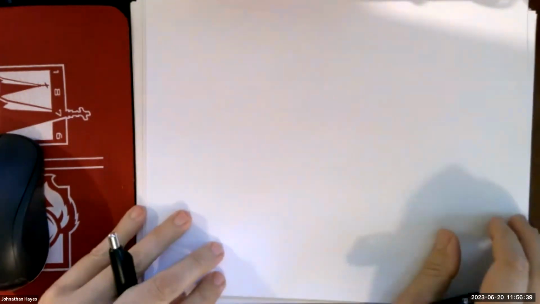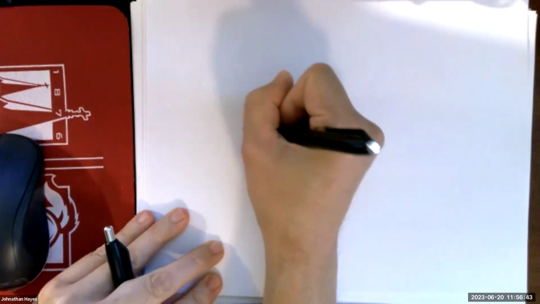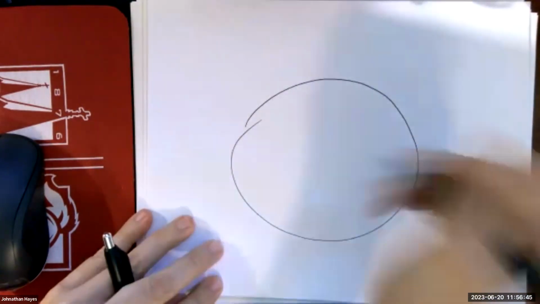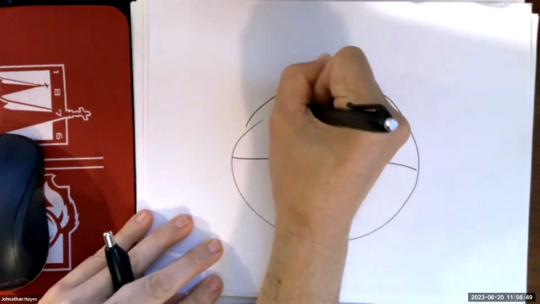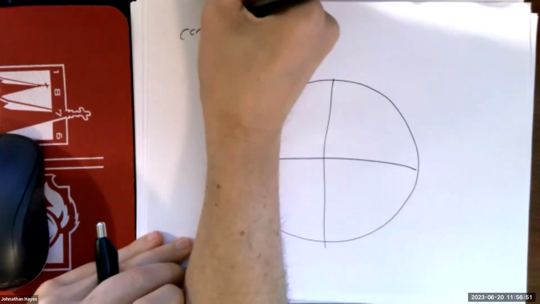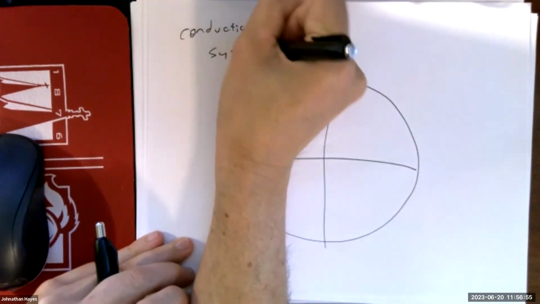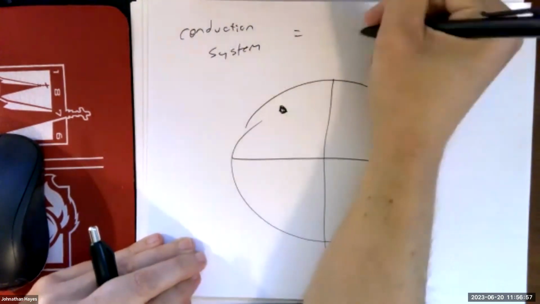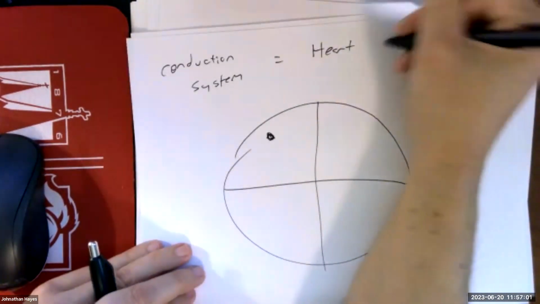Let me see, what else was I going to talk about today? Oh, conduction system. Let's do a quick conduction system. So let's just draw the circle diagram again. Conduction system, your heart, let's see.